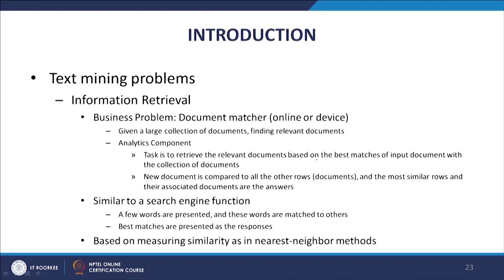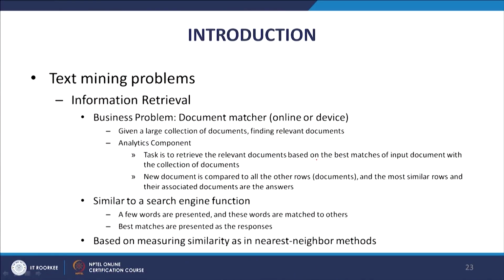With this, let us move to the next data mining problem that we typically solve in this area, that is information retrieval. As the name suggests, it is about matching a particular document with a set of other documents. The business problem can be referred to as a document matcher. It could be online or on your computing devices. We might have a large collection of documents, and the idea is to find relevant documents.